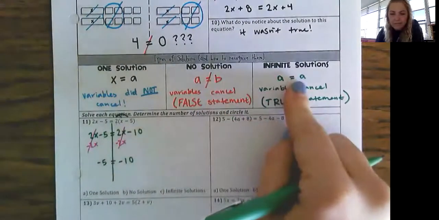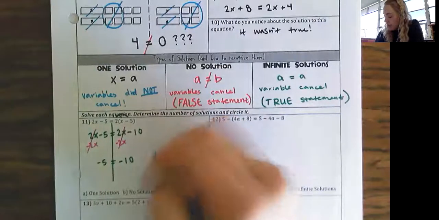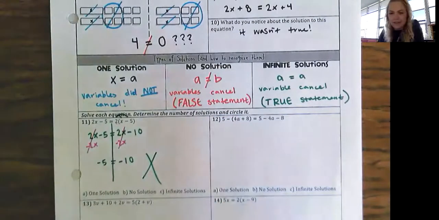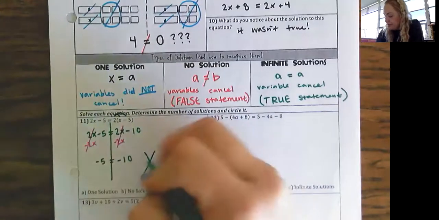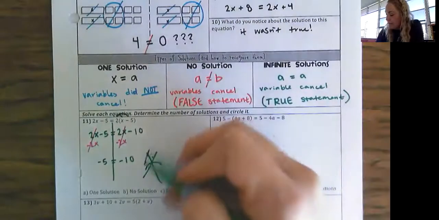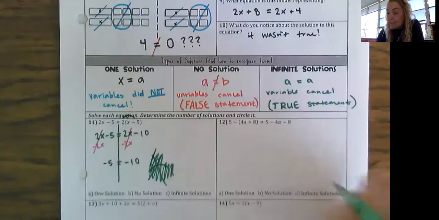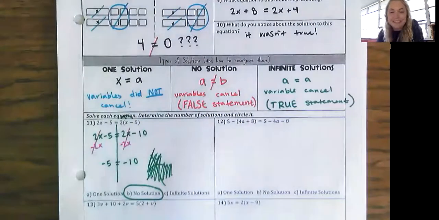Which one is it? Is that true? No, that's not true. So X, not true. I don't know why I did that. I was gonna give it a check if it had been true. Maybe I'll just do like a sad face behind that X mark. This just got weirder. Okay, let's just say no solution because that's clearly no solution.